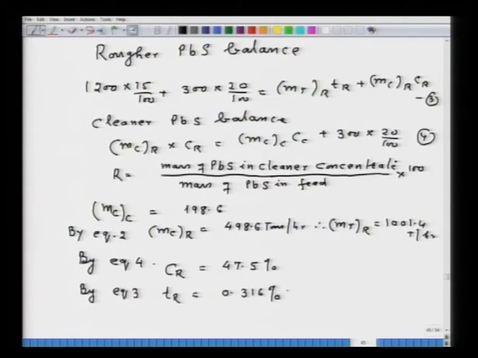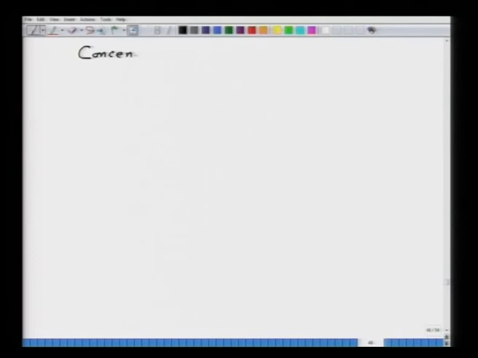that will be equal to 0.316%. Now, one more thing that I want to say about the concentrate, because it is the concentrate that is the most important, and I have said that a concentrate consists of metal plus gangue. Now, again I tell you very clearly, though I am writing the metal, concentrate does not contain the metal I am writing, because that concentrate will be used for extraction of metal.